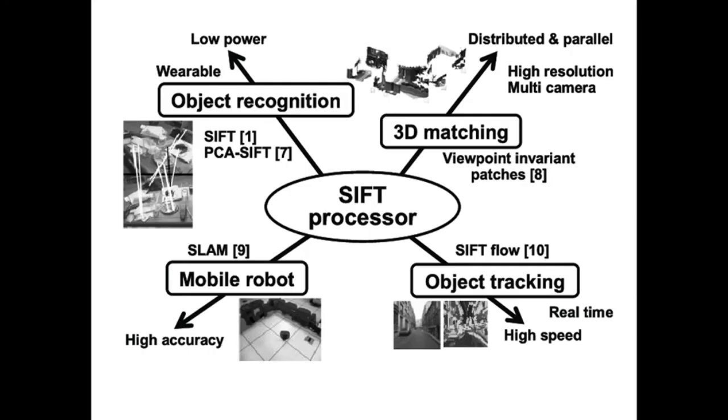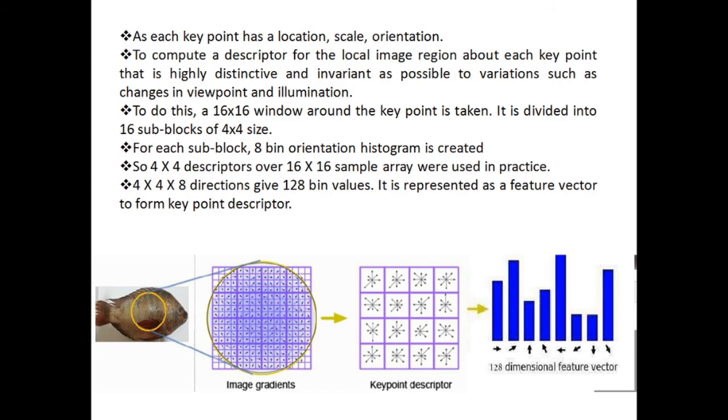Okay, so the main applications: why we need to study the correspondence between the images. As I said, SIFT is invariant to affine transformations. SIFT is mainly used to extract the stable or salient points in the given input image.